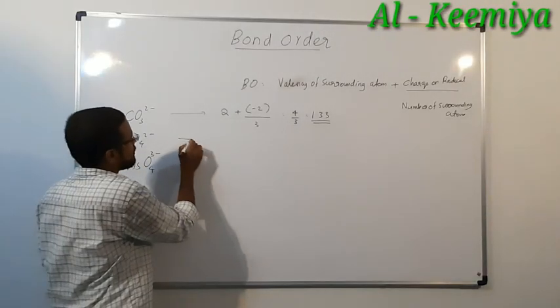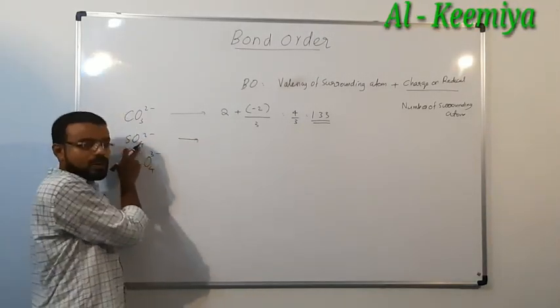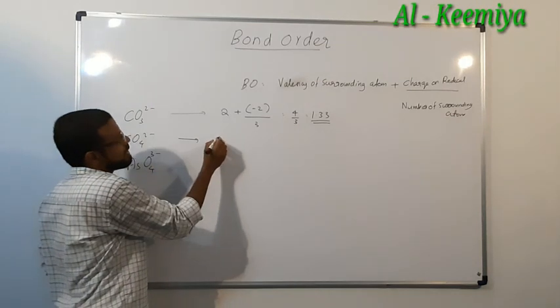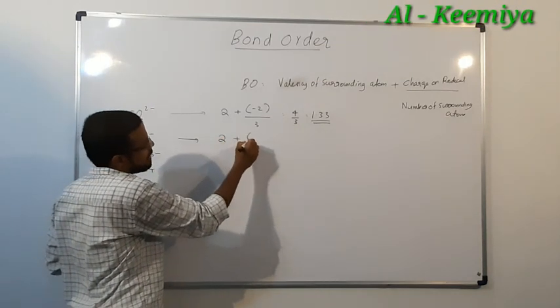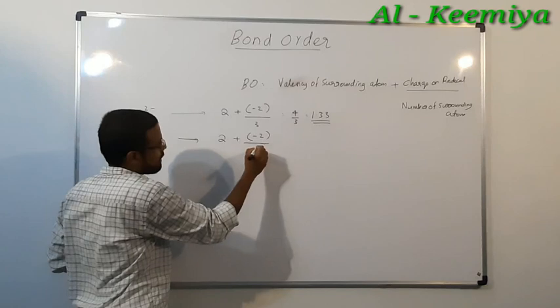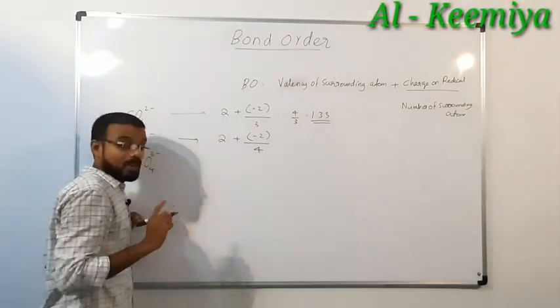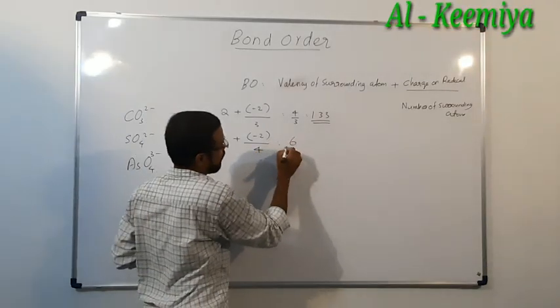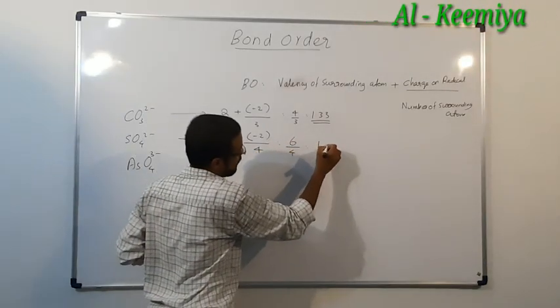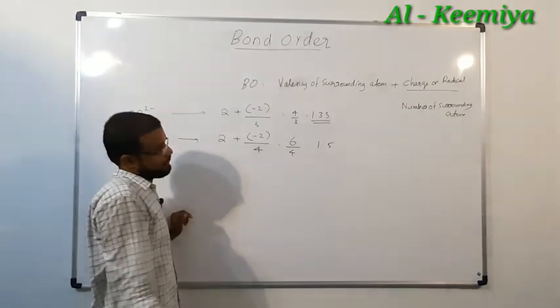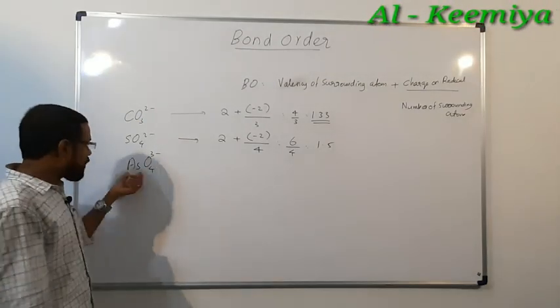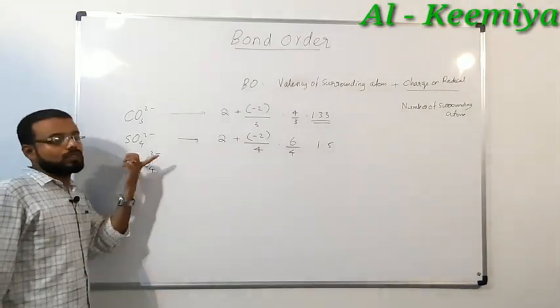Now SO4 2 minus. Again the surrounding atom is oxygen, the valency is 2 and the charge is minus 2, and the number of surrounding atoms is 4. 4 into 2 is 8, minus 2 is 6, 6 by 4 is equal to 1.5, that we got. Now SO4 3 minus.